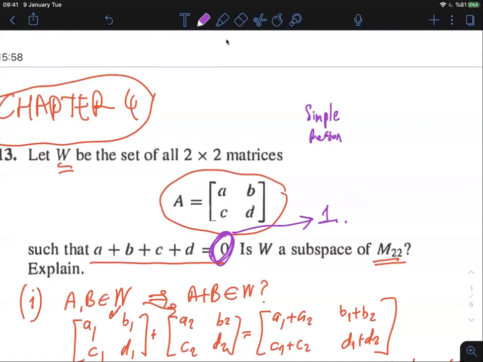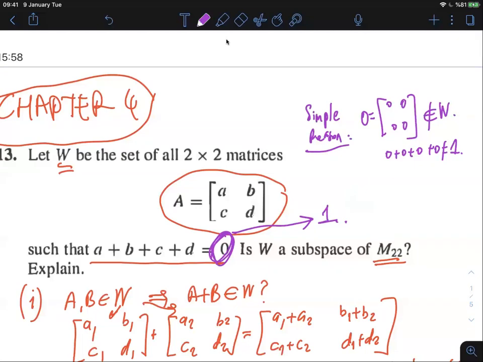The simple reason is that in this case, the 0 vector, which is the 0 matrix, is not in W, okay? So you can check easily whether a given subset is a subspace or not, because the sum of these entries is not equal to 1, so it's not in W. So W doesn't have the 0 vector.